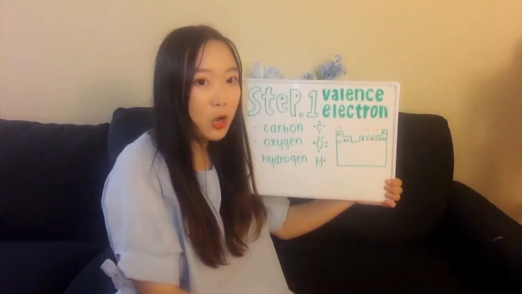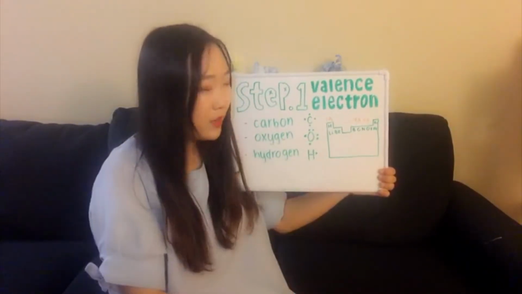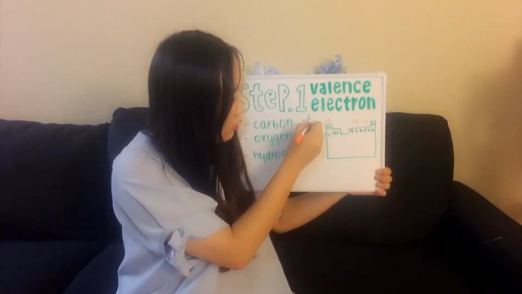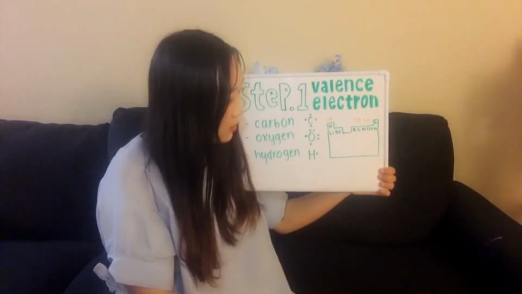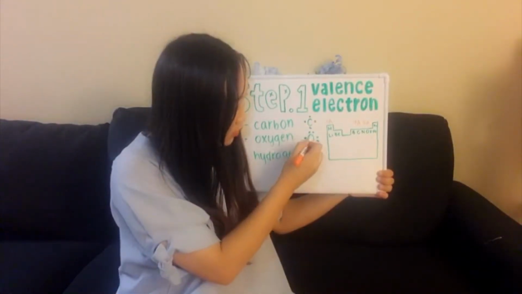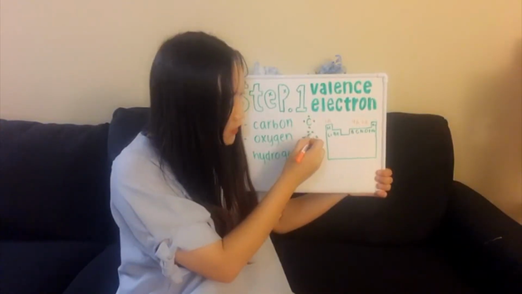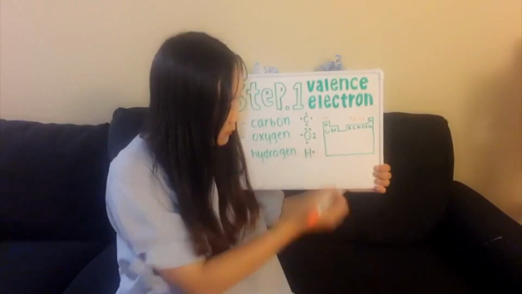Those numbers tell you how many valence electrons they have. Carbon has 4 valence electrons, so you draw 1, 2, 3, 4. Oxygen has 1, 2, 3, 4, 5, 6 valence electrons. Hydrogen has only 1 valence electron.